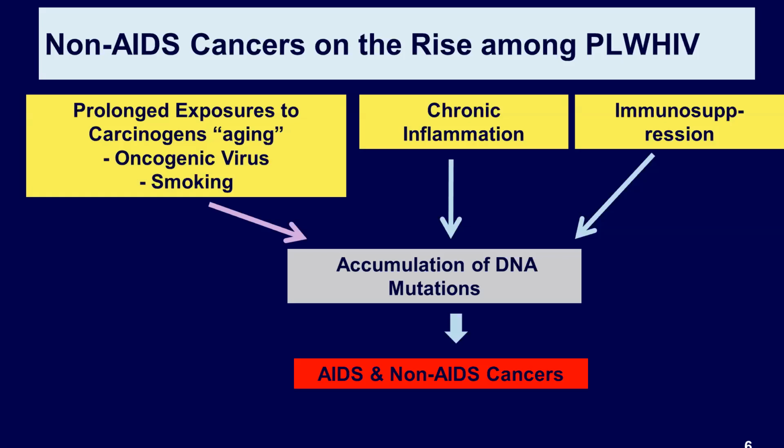And finally, and probably one of the most important reasons why cancers are more prevalent among people living with HIV, is the state of immunosuppression that people living with HIV tend to have. The immune system is the most important system that they have to keep cancer cells in check. Even with HIV therapy, people tend to have a slight level of immunosuppression despite full recovery of their CD4, and that really can contribute to the genesis of cancers.